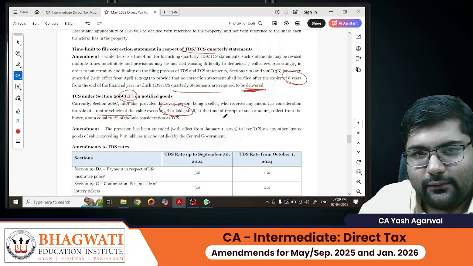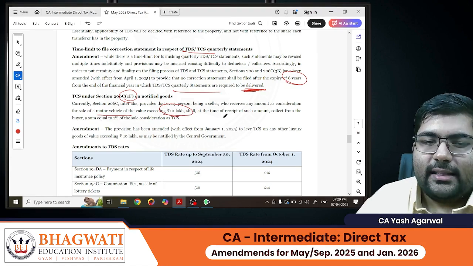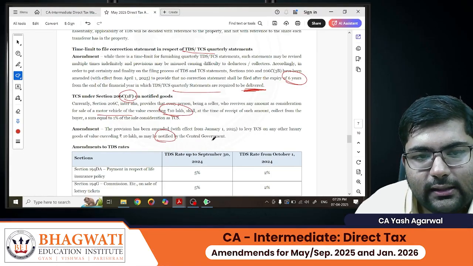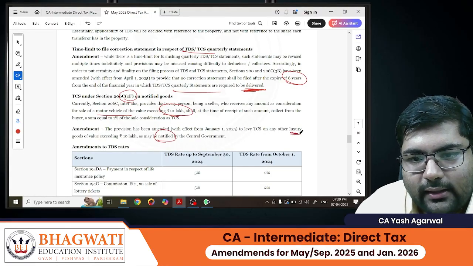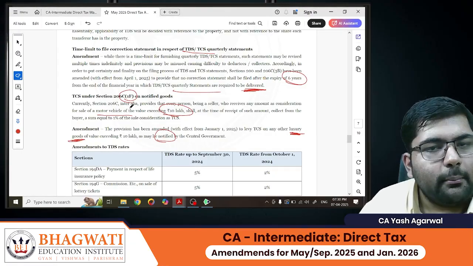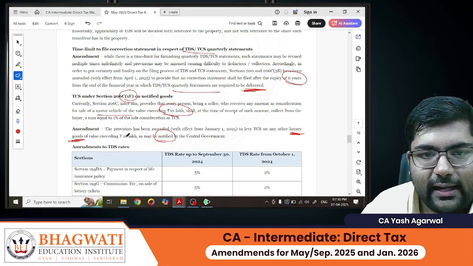Okay, if you remember, this is for retail sale of motor vehicles. Now, the scope of 206C(1F) has been expanded, which says that as may be notified, if there are any other luxury goods as notified by the government, then those will also fall under the ambit of 206C(1F). The value exceeds rupees 10 lakhs.